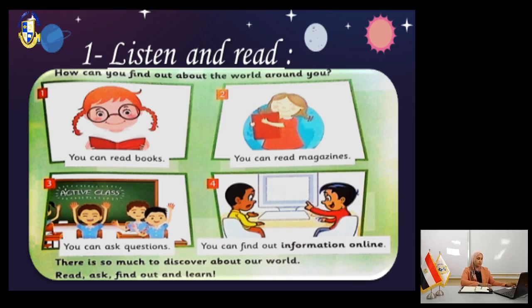There is so much to discover about our world. Read, ask, find out, and learn. So you always have to get the value of the things around you by getting more information, by reading, asking, finding out and learning.